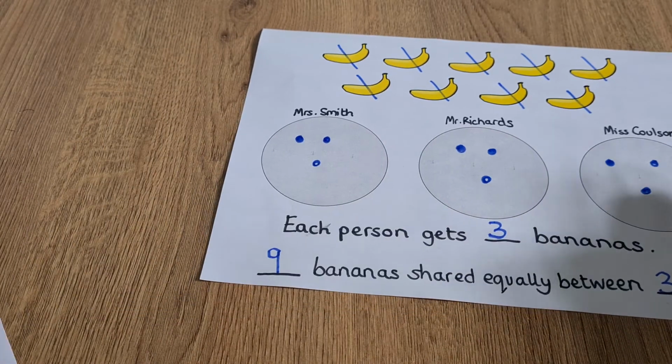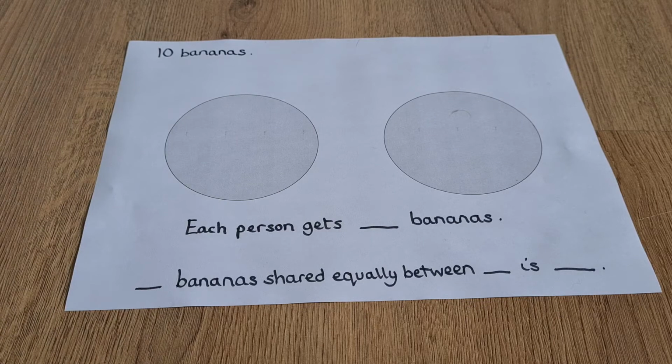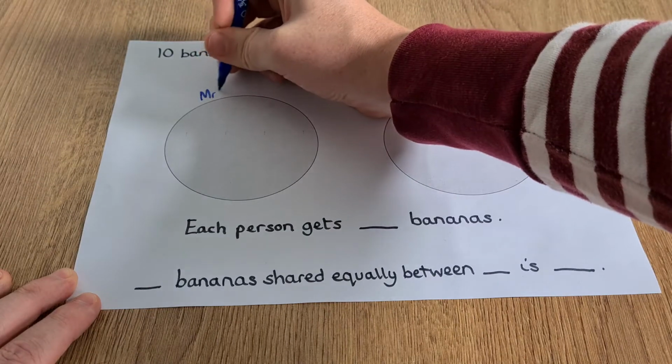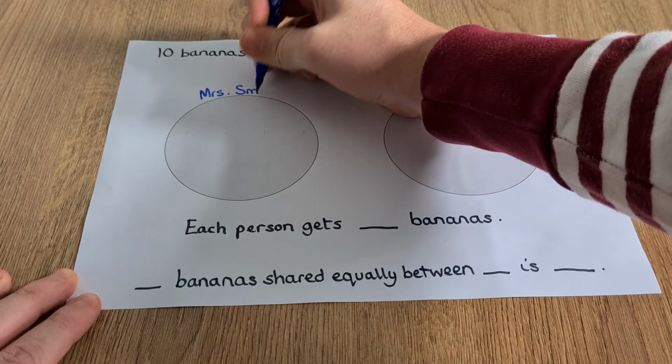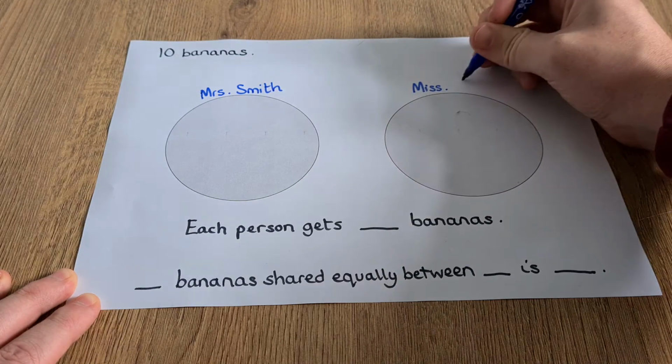But I'm going to give you another problem now. So this one, I've got 10 bananas, but I can't cross them off because there's no pictures of bananas. I've got no bananas to actually move into the groups. So I'm going to have a group for Mrs. Smith and Miss Coulson.